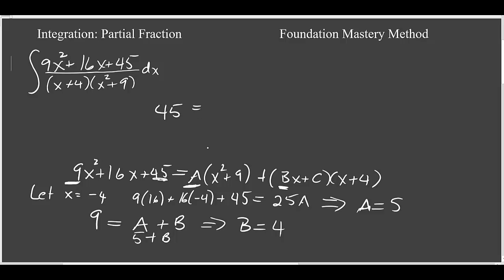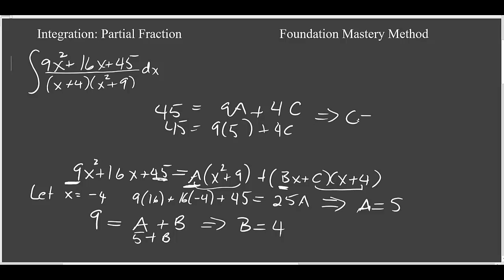And on the right-hand side, the constant will be coming from the 9a here and the 4c here. And now, since we know the value of a is 5, we have 45 equals 9 times 5 plus 4 times c, which means that c equals 0.